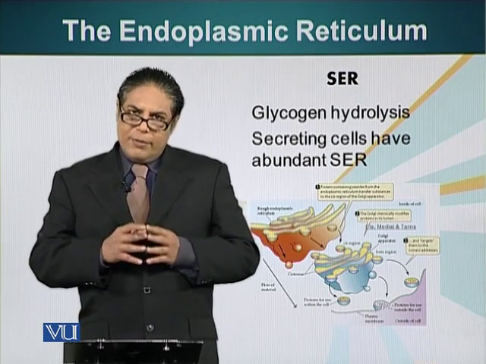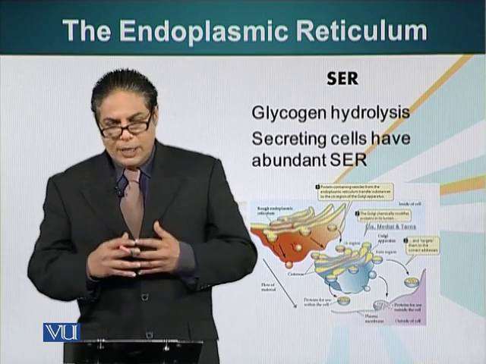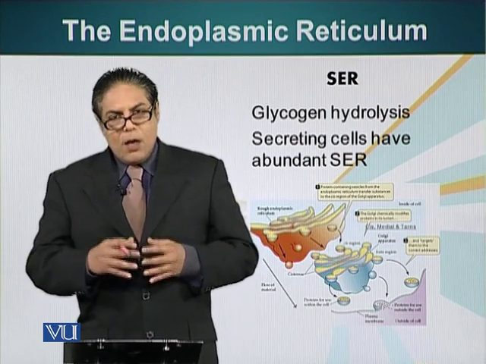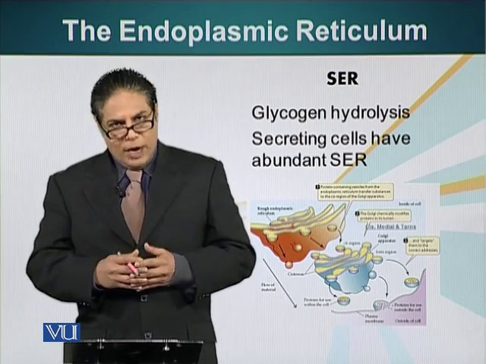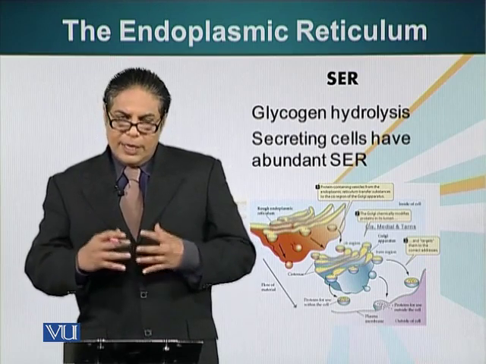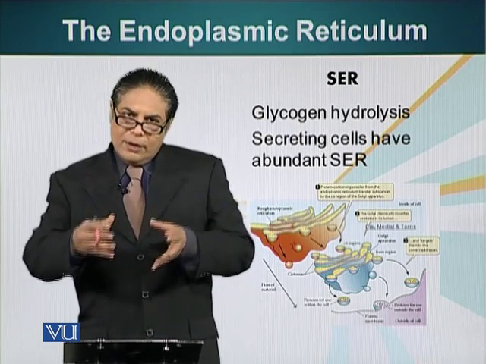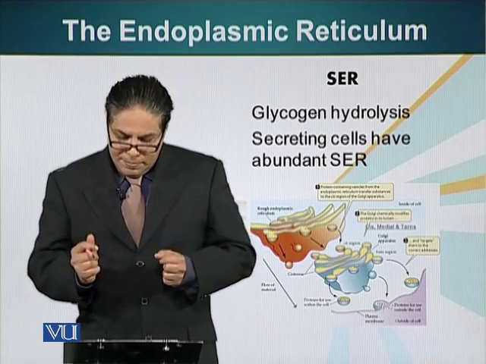Smooth endoplasmic reticulum is also very important in neutralizing harmful chemicals. For example, our liver cells have abundant smooth endoplasmic reticulum. Smooth endoplasmic reticulum contains enzymes that can modify the toxic molecules, thereby neutralizing them.